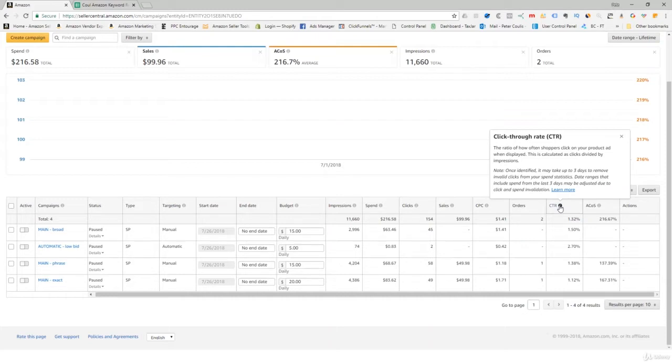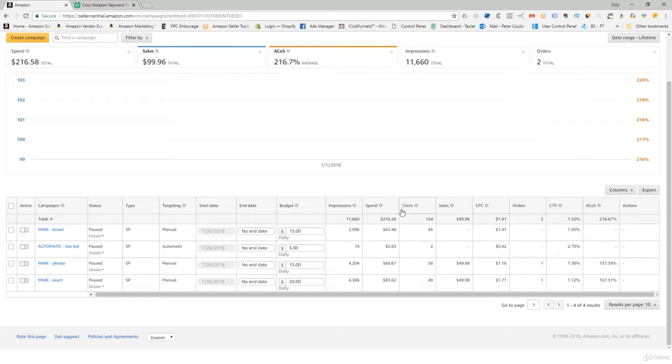It's calculated as clicks divided by impressions. 154 divided by 11,660. So what percentage of people who laid eyes on your ad actually ended up clicking it?